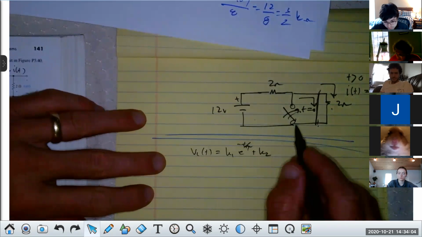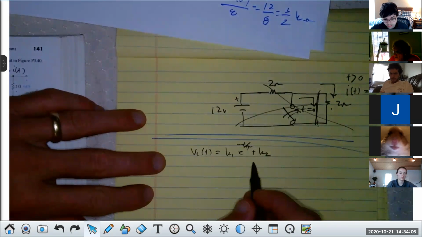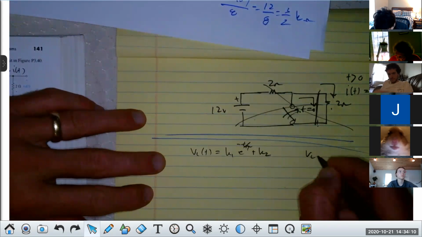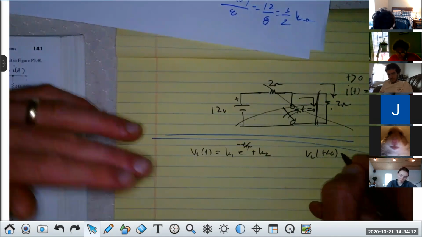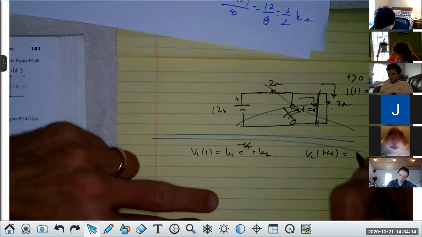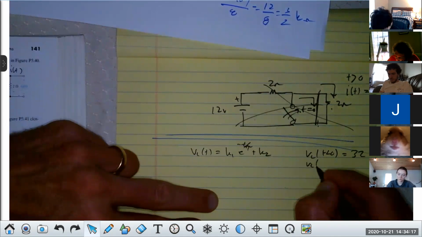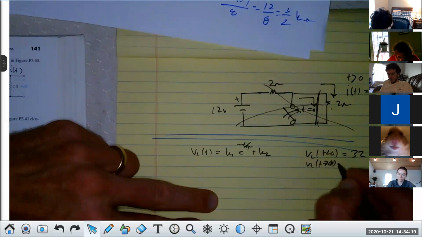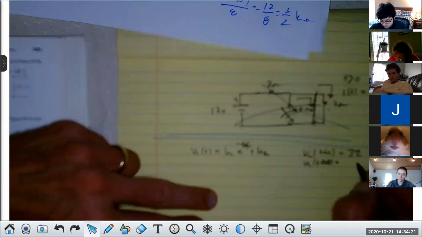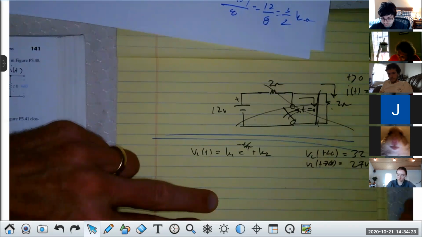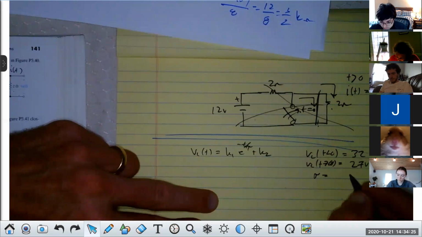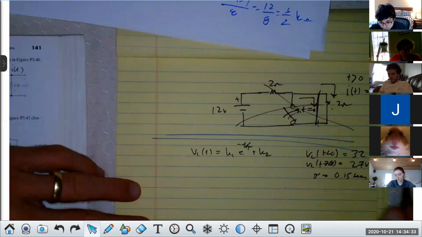That's not the circuit, but you all with me, correct, class? We know VC for t less than 0 was equal to 32 volts. We know VC as t goes to infinity is equal to 27, right? And then we know tau is equal to 0.15 seconds, right? Now we put the whole thing together.